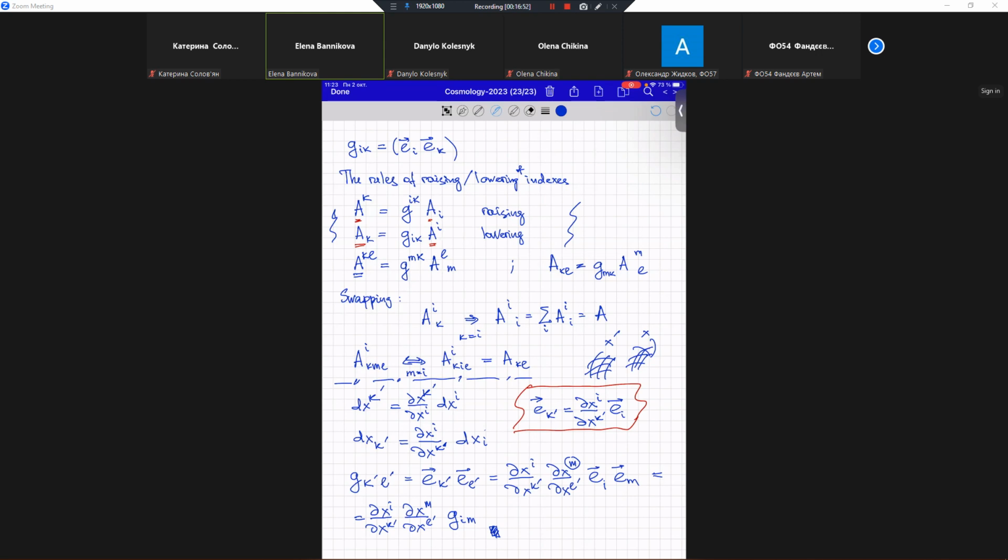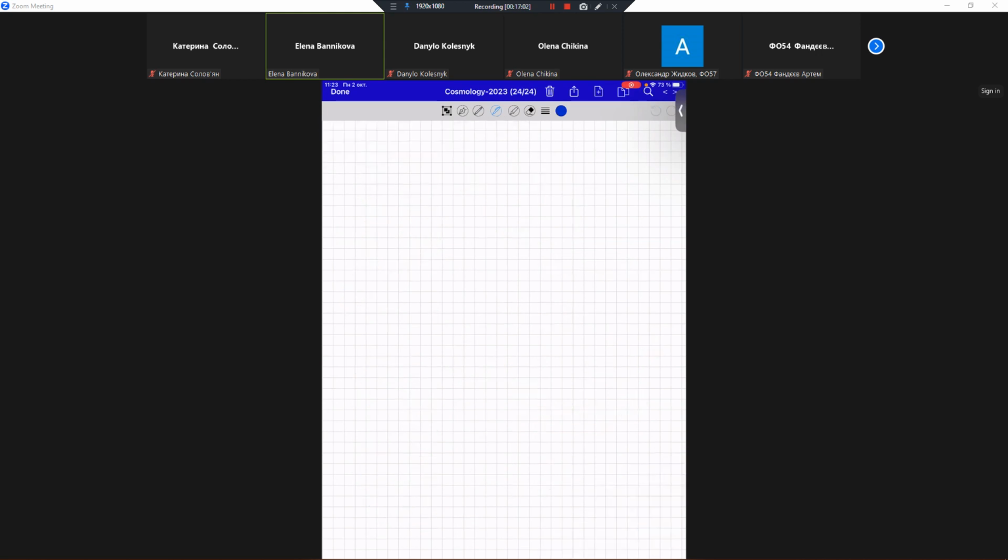Now we can look at some examples, for example the Cartesian system. If you have some element of length, it's a vector.